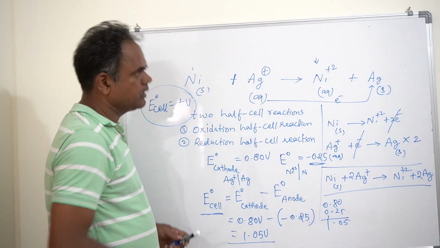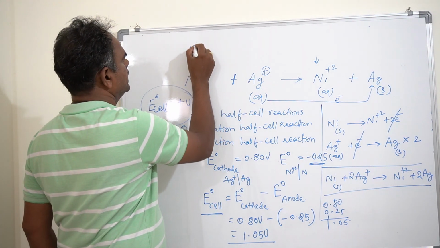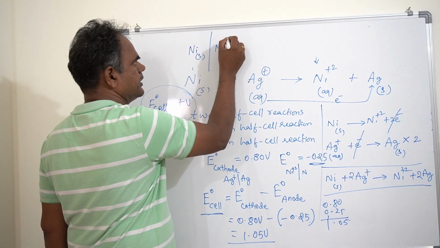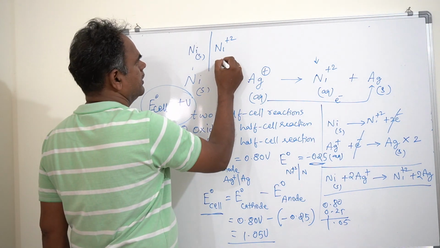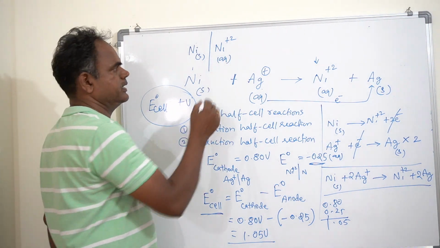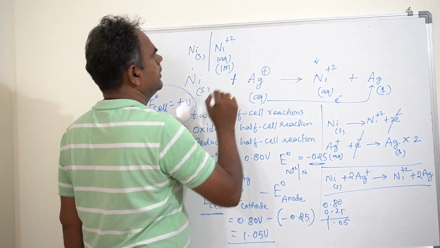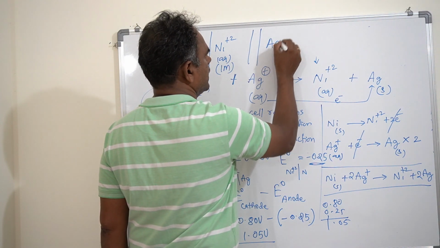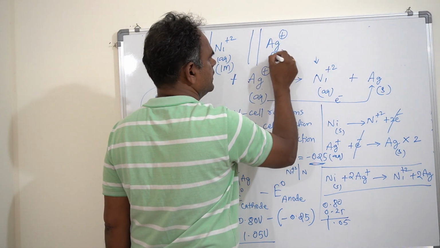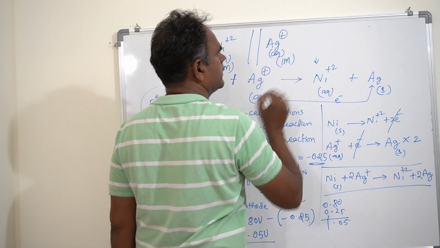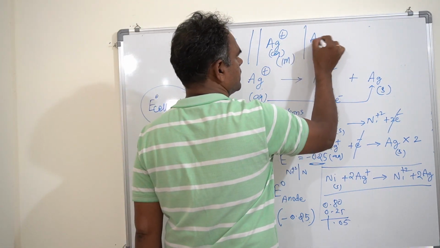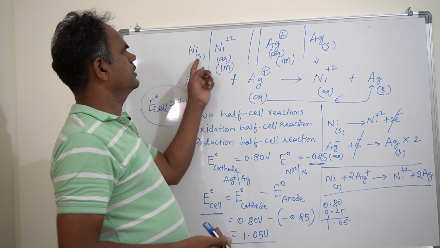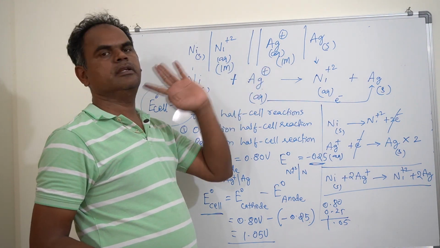The galvanic cell notation is: nickel metal placed in nickel salt aqueous solution, with concentration 1 M, separated by a salt bridge from silver ions, aqueous 1 molar solution, in contact with silver metal solid. This is the galvanic cell representation.